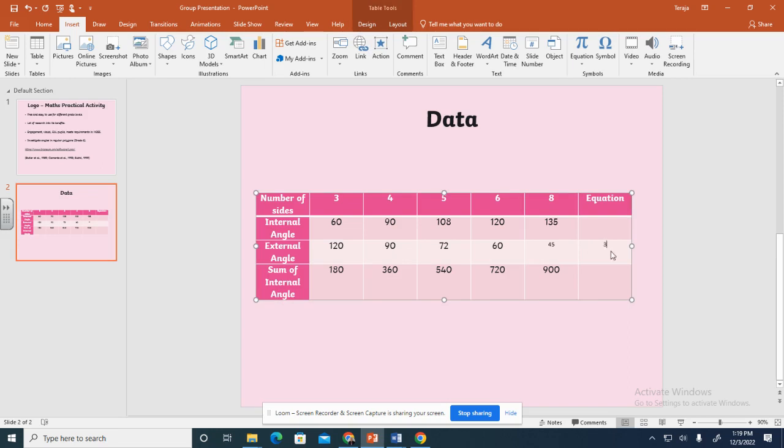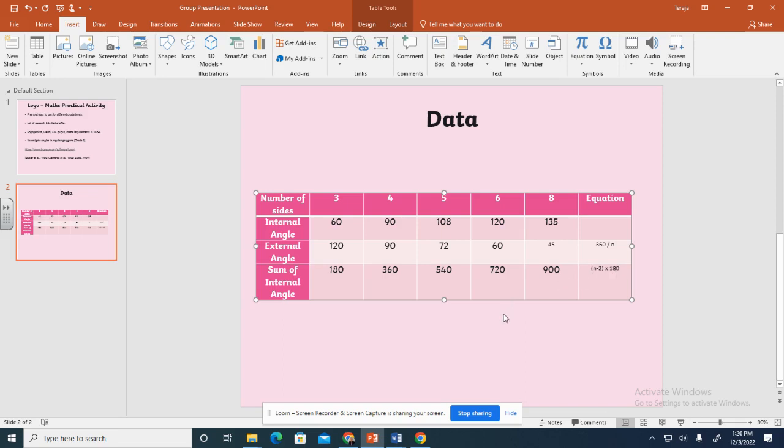So, for example, the equation for the external angle of a regular polygon is 360 divided by the number of sides. The sum of the internal angles is slightly harder. That would be the number of sides minus 2, multiplied by 180. And the internal angle, again, is slightly trickier. So if they couldn't find it this way, perhaps they could explain it in words.